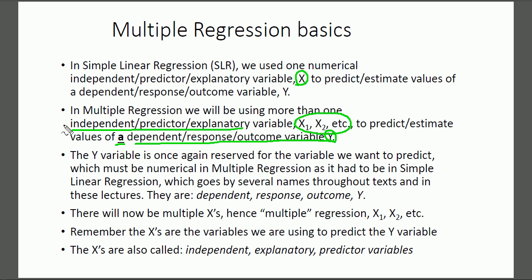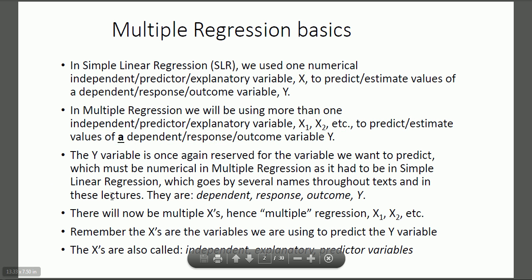The y variable is once again reserved for the variable we want to predict, which must be numerical in multiple regression, as it had to be in simple linear regression. It goes by several names, as I've already mentioned: dependent, response, outcome, y. Now we have multiple x's, and hence multiple regression is what we're going to use.